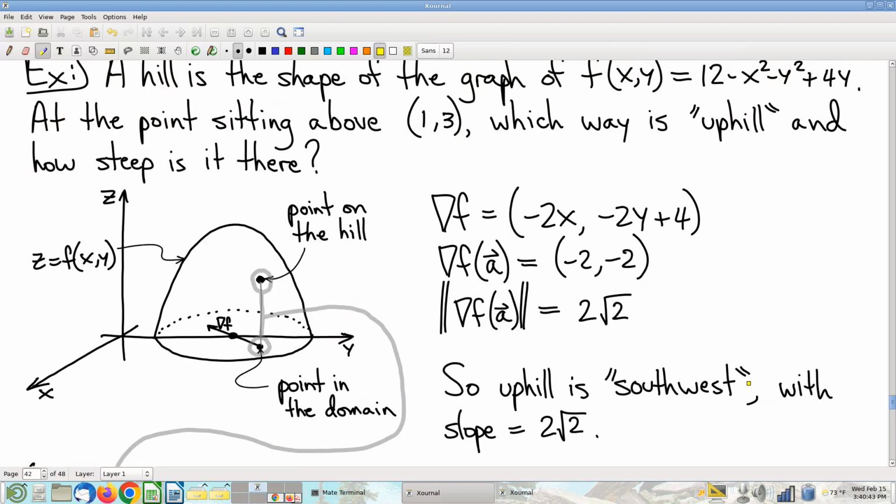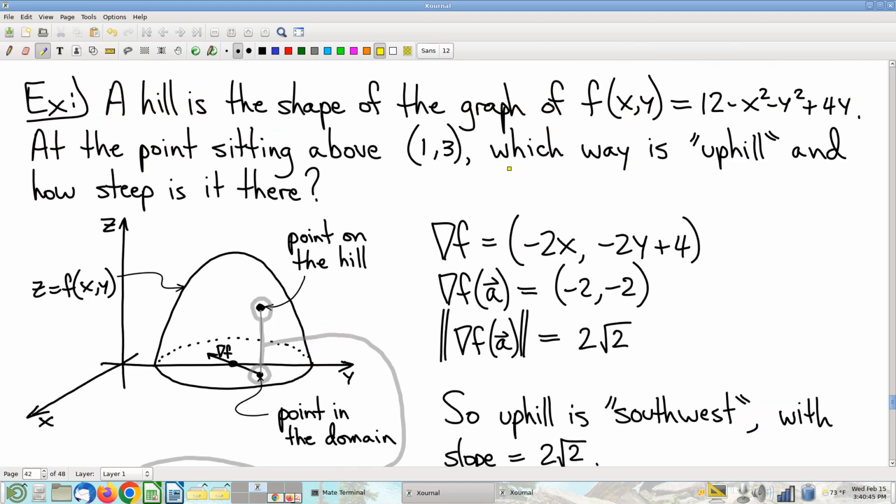Okay, so now let's answer the question, which way is uphill? Which way is the direction of fastest increase? Well, it's the direction of the gradient vector. And I can compute the gradient. I can plug in the point in question. By the way, when I say plug in, I mean plug in for x and y, which are 1, 3, which are technically not the point that I'm at.